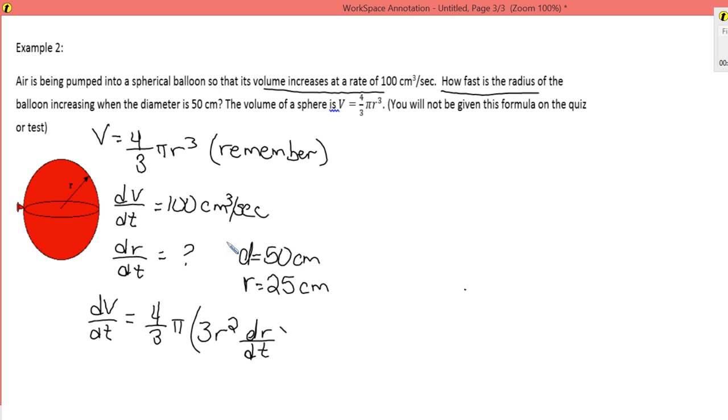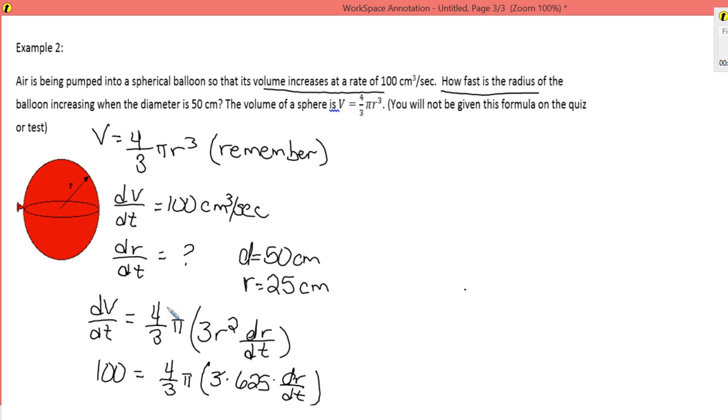I am solving for dr/dt, so all I have to do now is substitute into this formula what I know. I know that dV/dt is 100. I know that r is 25, so r squared is 625, times dr/dt.